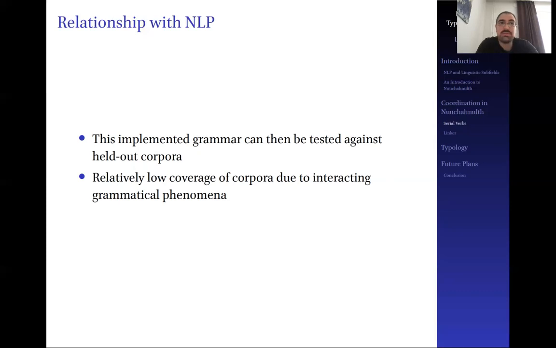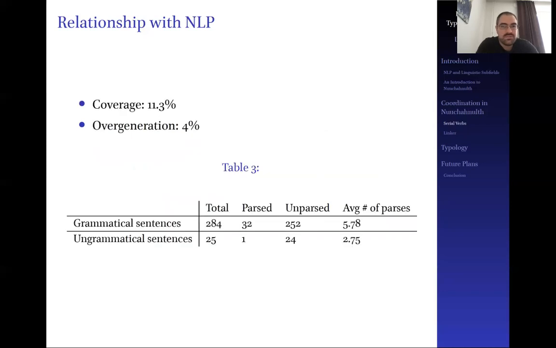Since I was not implementing the entire grammar, and indeed it would have taken much longer than a PhD to do so, the coverage was a little constrained. So here's what I had: a coverage of 11% of naturally occurring sentences. My overgeneration was only 1 sentence, which I think, if I recall, was due to something other than serial verb constructions.